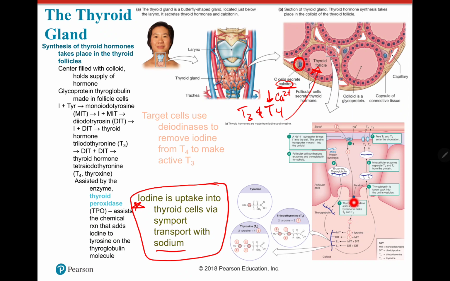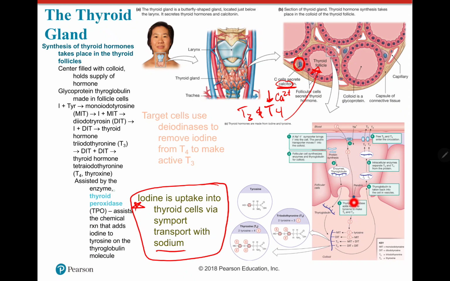Now, iodine gets in the cell and is able to combine to make T3, T4. Remember, these T3, T4 are amino acid-based molecules coming from tyrosine, because they use tyrosine as the precursor.